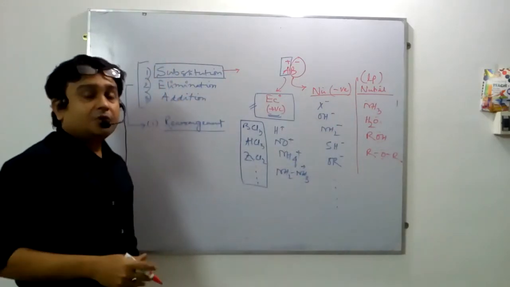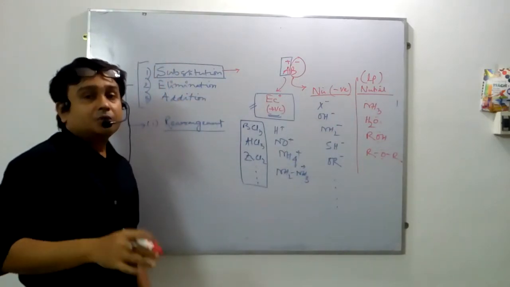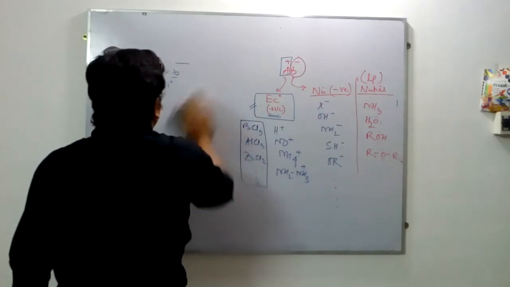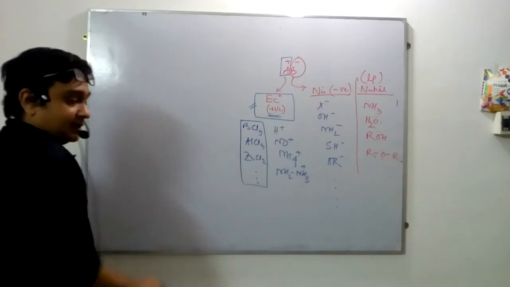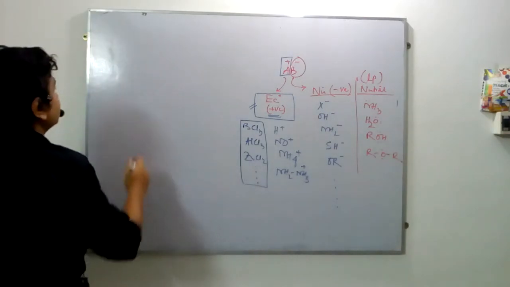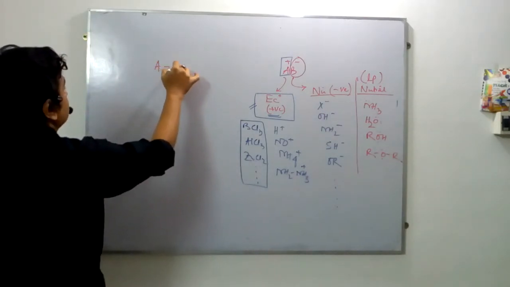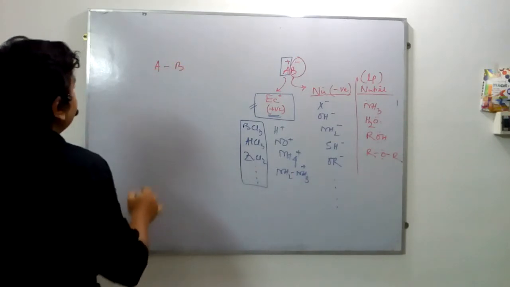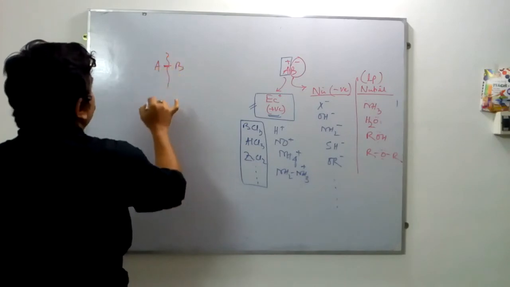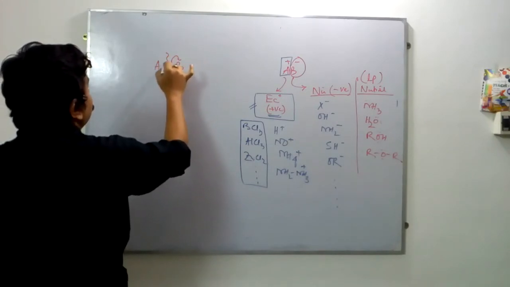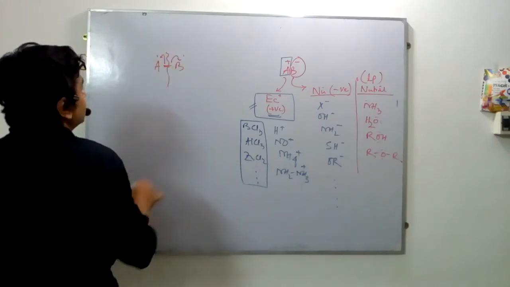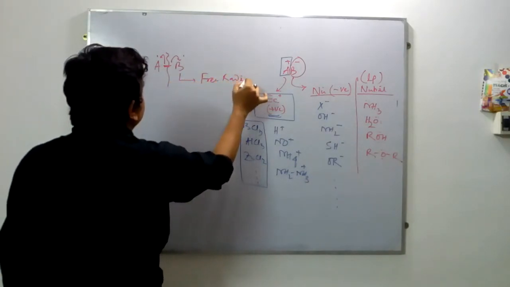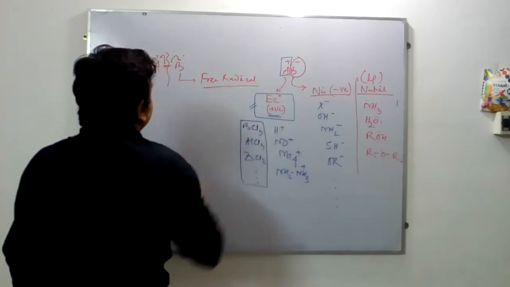Okay, so first of all you have to have an idea of how the bond breaks. Now regarding the cleavage of bond, three types of species can be there. Suppose A and B, if the bond is cleaved in a homolytic manner, then B and A will each get one electron, and that is known as free radical.